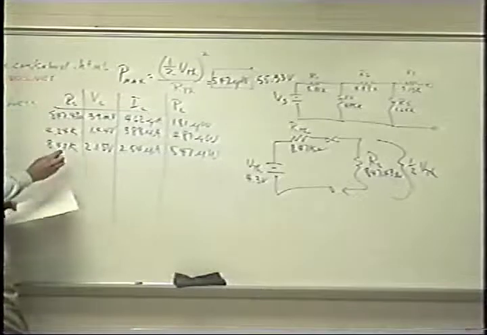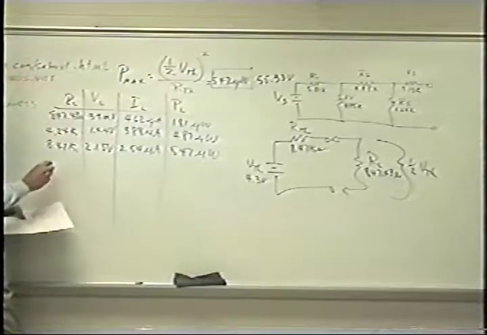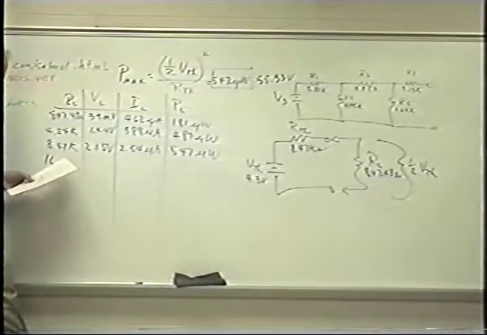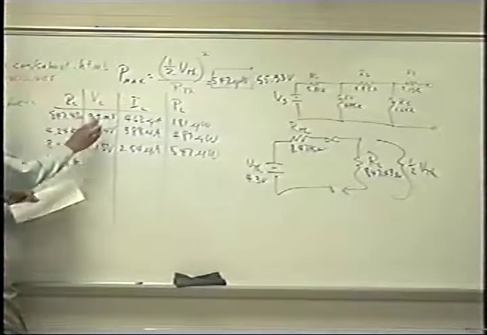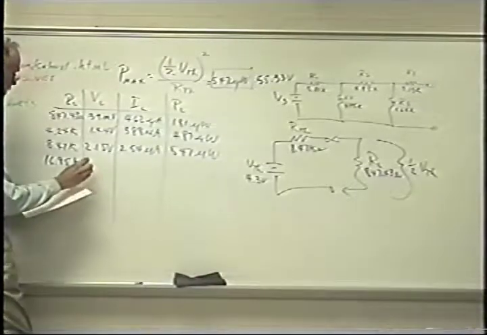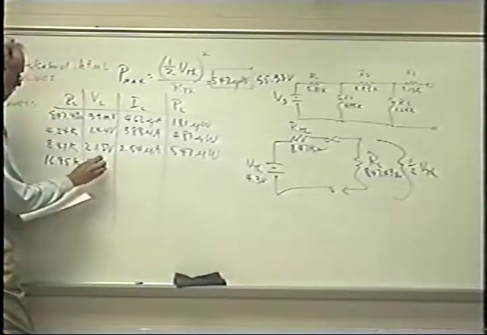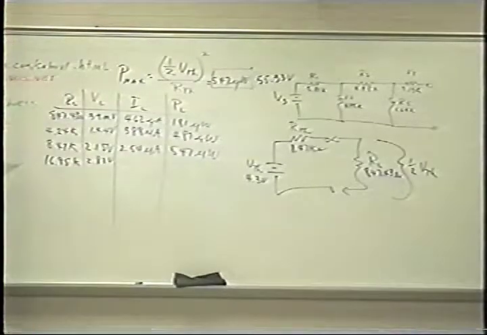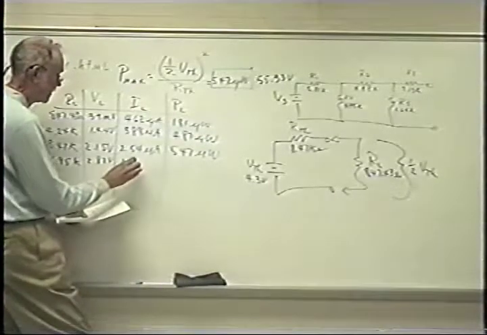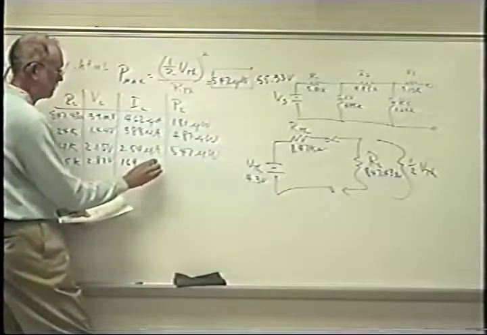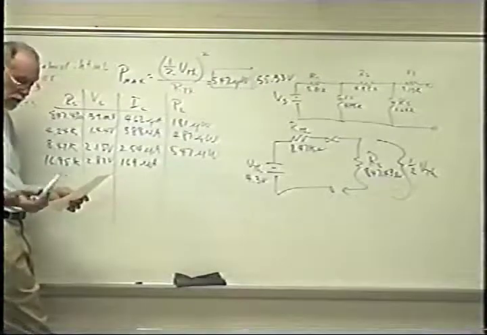We're going to continue increasing the load resistance, 16.95 K. You'll notice our voltage goes up to 2.87 volts, but our current comes down now to 169 microamps. And our load power comes down.